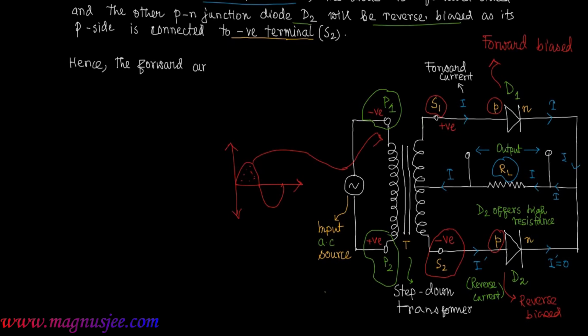Please respond. I or I prime? I. The forward current I flows through the diode D1 as it is forward biased.